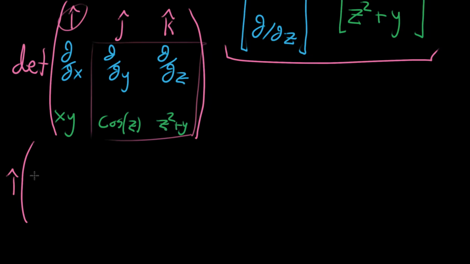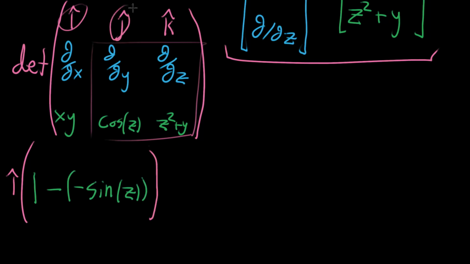So that'll look like 1. And then we're subtracting off the partial derivative with respect to z of cosine of z. And the derivative of cosine z is negative sine. So that's negative sine of z. So that's the first part.